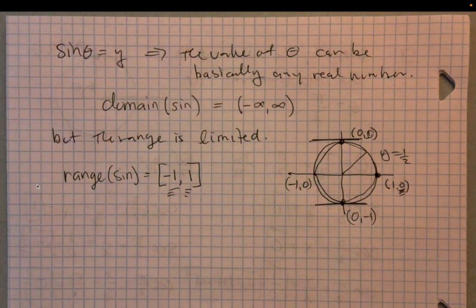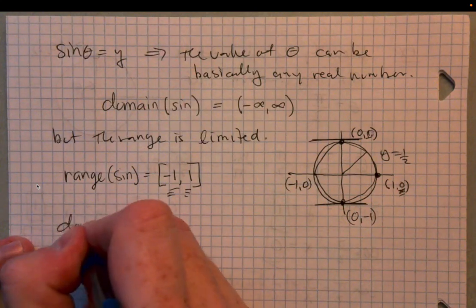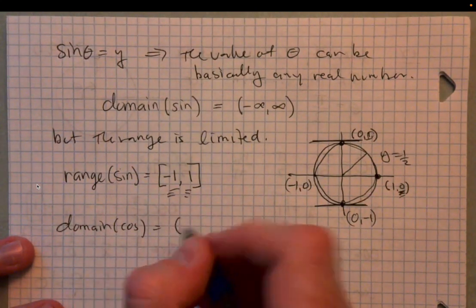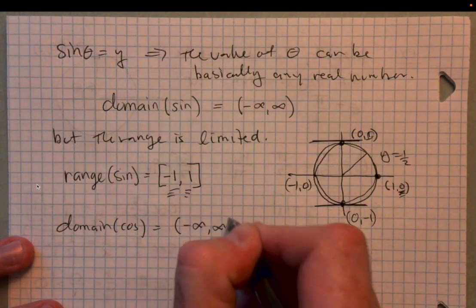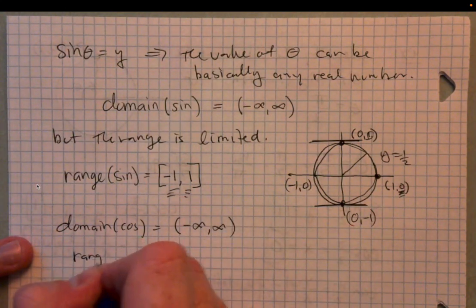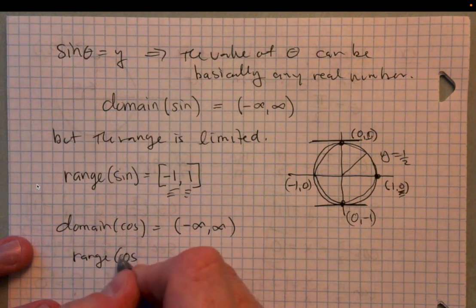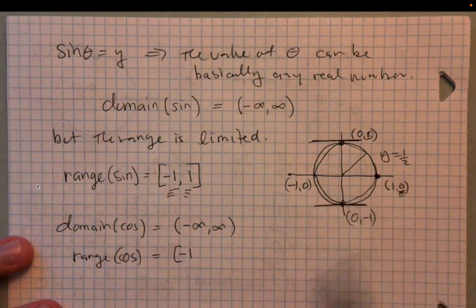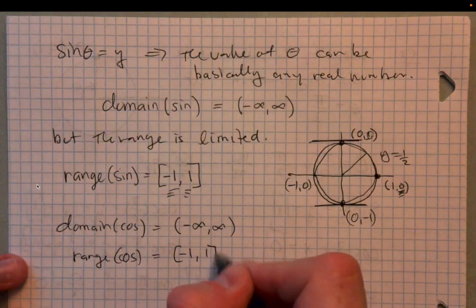Now, the same thing is true of the cosine. The domain of the cosine is similarly -infinity to infinity, and the range of the cosine is, same story as with sine, -1 to 1.